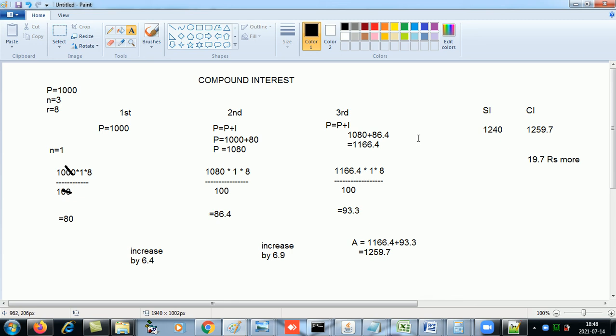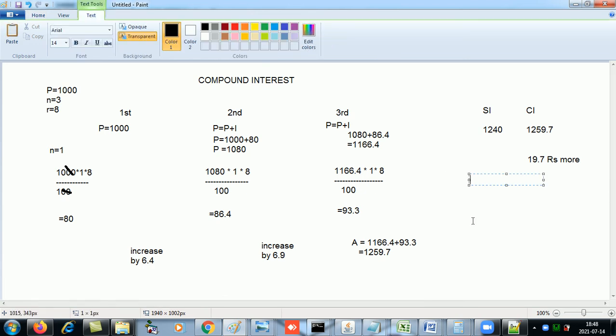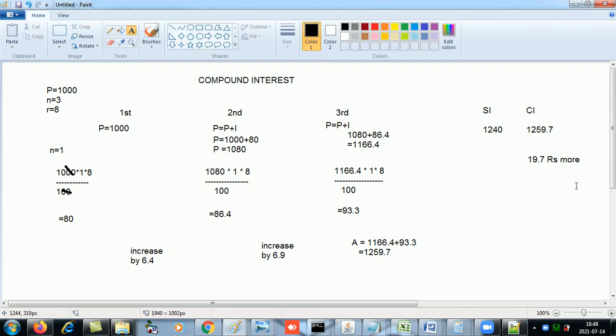Understood? The interest of the first year is added to the principal for the second year, the interest of the second year is added to the principal of the third year, and so on and so forth. This is how you can calculate it year wise, but you also have a formula.